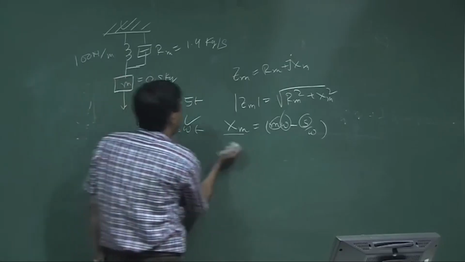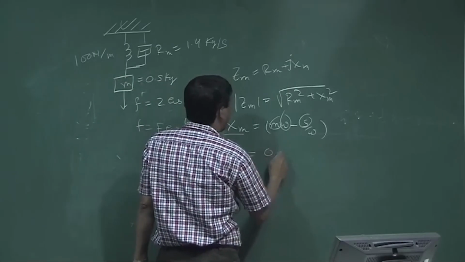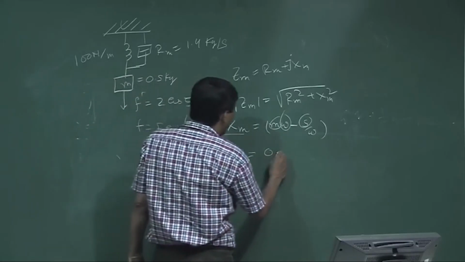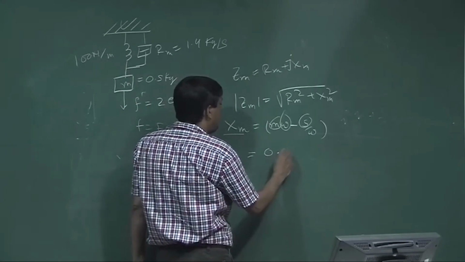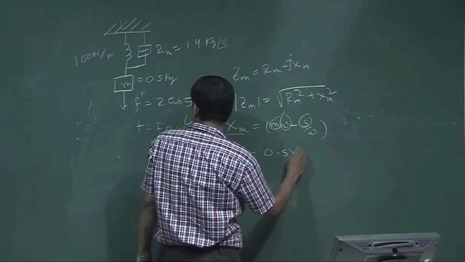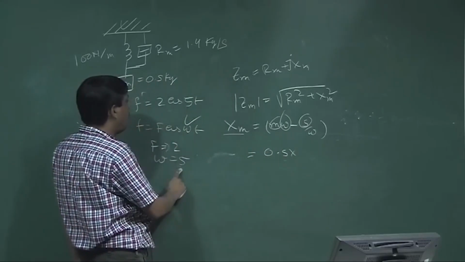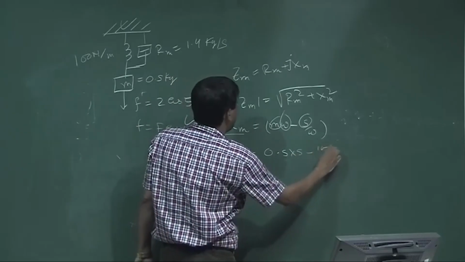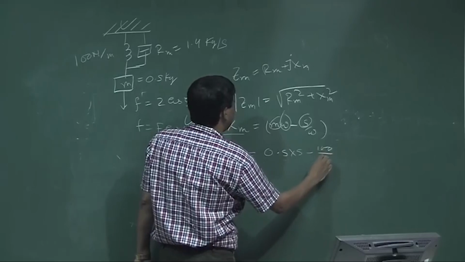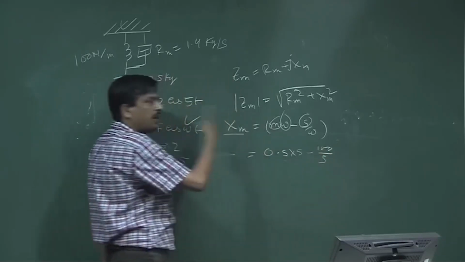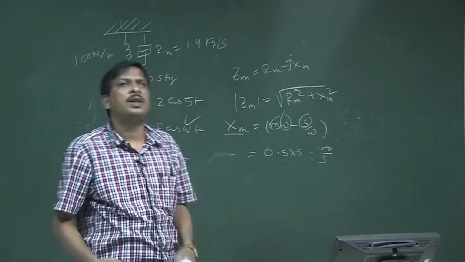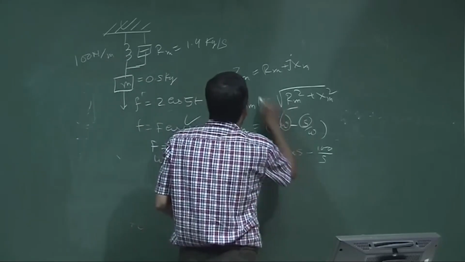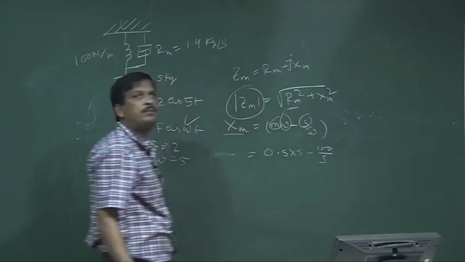Xm is 0.5 kg into omega, which is 5, minus S, 100 Newton per meter, divided by omega. So, you can convert that unit and find out the value of Xm. Then you know Rm, find out the value of Zm.